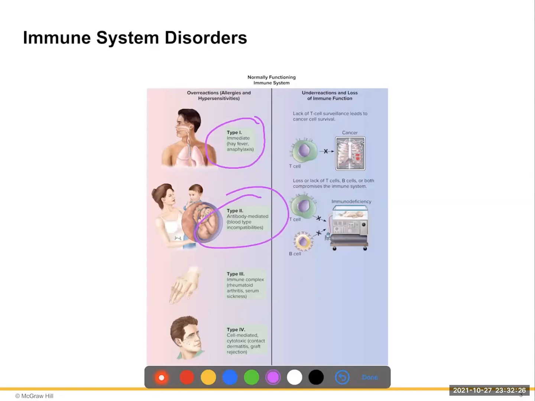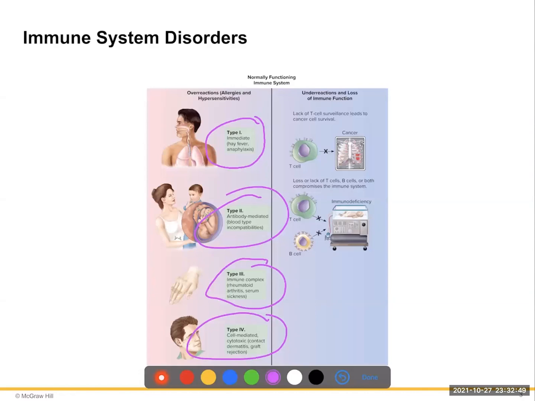Type 3 is an immune complex, like rheumatoid arthritis or serum sickness. Type 4 would be cell-mediated cytotoxic. Contact dermatitis, graft rejections, when the immune system rejects a graft or a transplant that is put in the body.